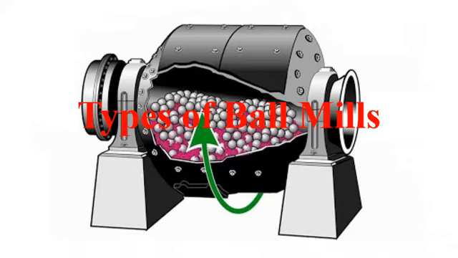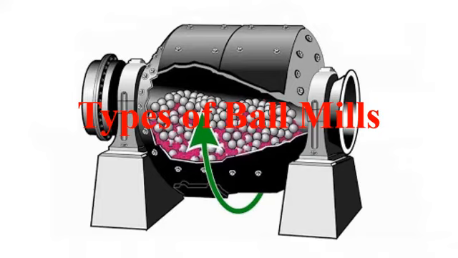So ball mill apparatus may be based on discharging methods. It may be based on continuous or pulse or frequent grinding. Okay, it may be based on transmission methods. And the ball mill apparatus may be based on grinding conditions.